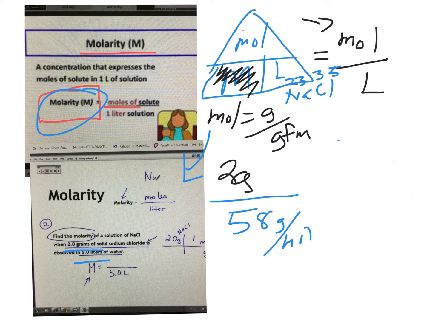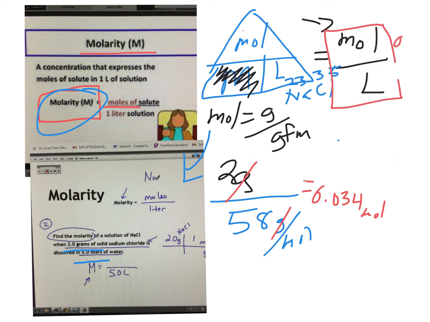Okay, this allows us to cancel out the grams. So now you're going to take 2 and divide that by 58. That gives you 0.034 moles. All right, so now we can go back to this formula.